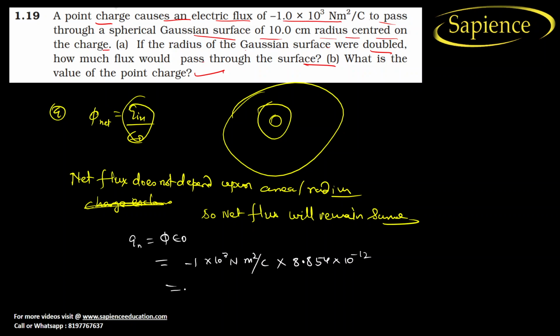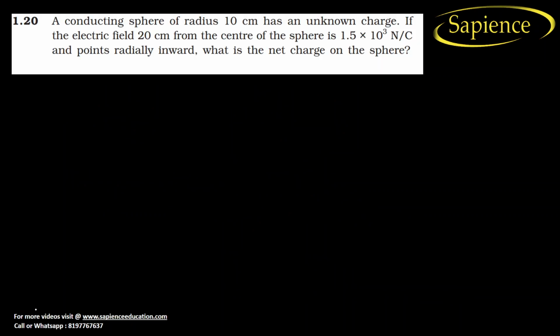When you calculate it, finally you will get -8.854 into 10 to the power -9 coulomb, which is equal to -8.854 nanocoulomb. So I hope you have understood this one. Let's go for the next question.